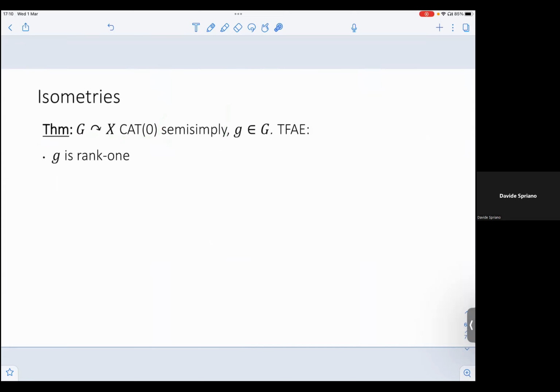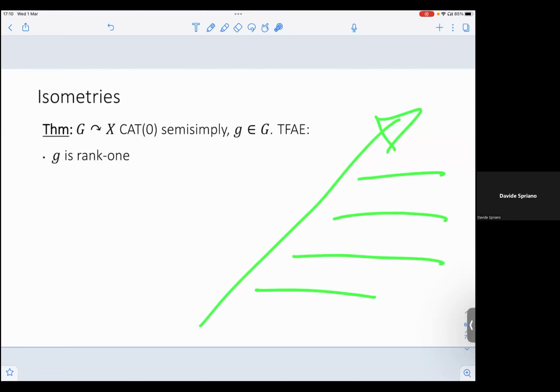Given an element g in G, the following are equivalent. g is rank 1, or if you don't know what rank 1 means, rank 1 means that g, as an isometry, has an axis, and this axis does not bound a half flat. So it does not happen that this is the axis of g and here there is a Euclidean half flat.